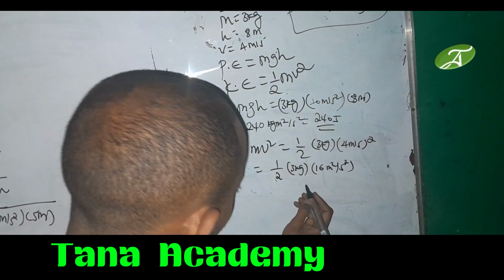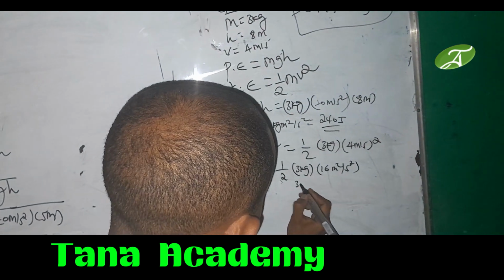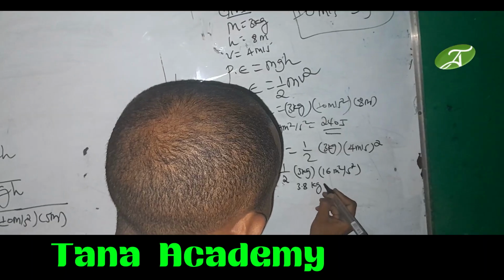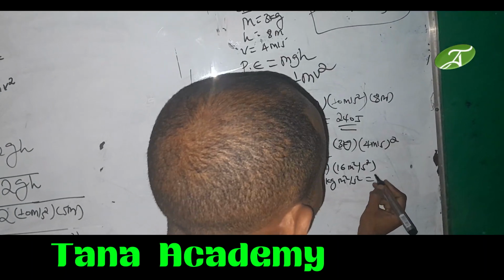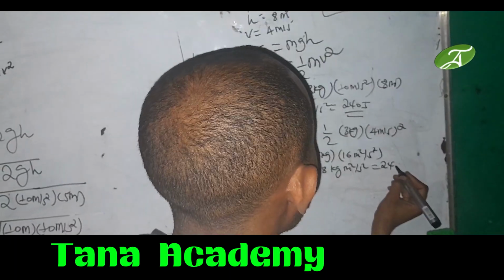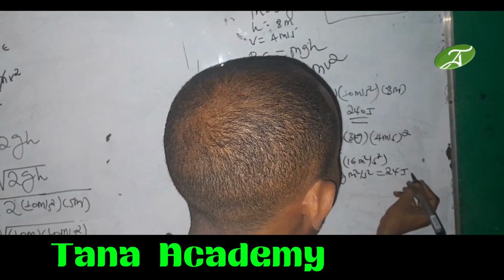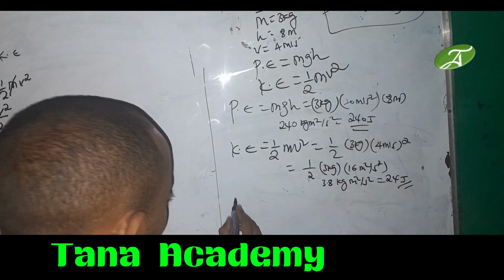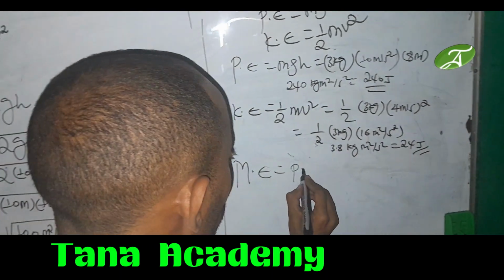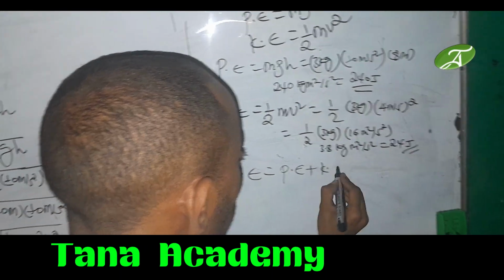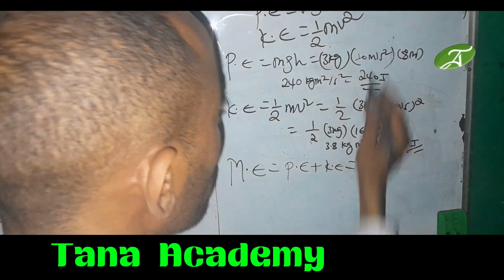Half of 16 becomes 8, and 3 times 8 becomes 24 joule.